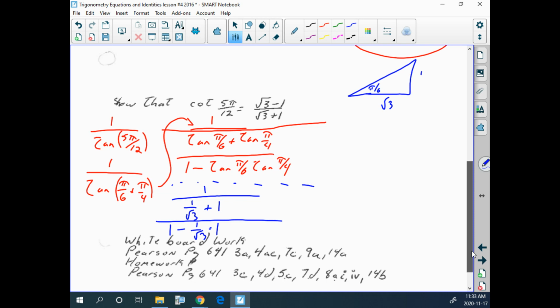And then tangent of pi over 4 is 1. Alright, I hate working with that fraction. That fraction is driving me nuts. So I'm going to flip it. It's going to be 1 minus 1 over square root 3 over 1 over square root 3 plus 1, which is not exactly where we are.